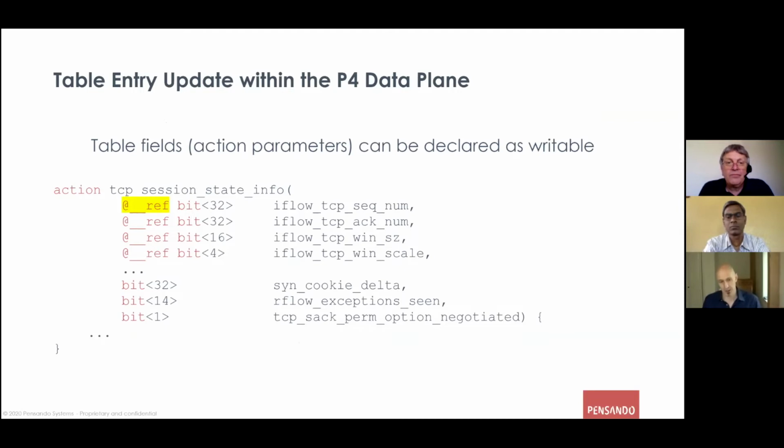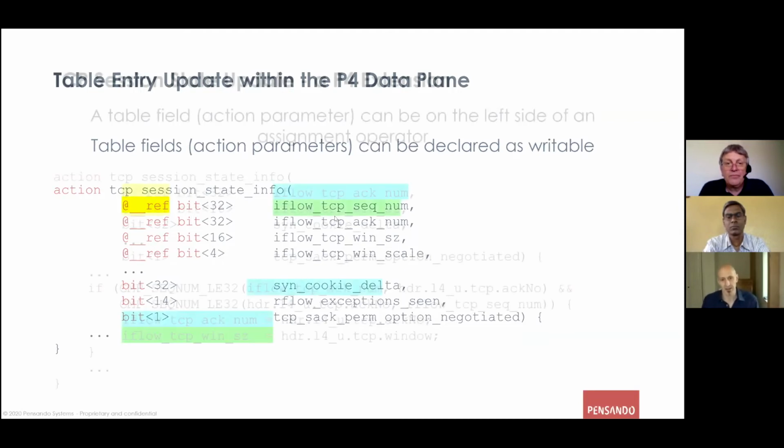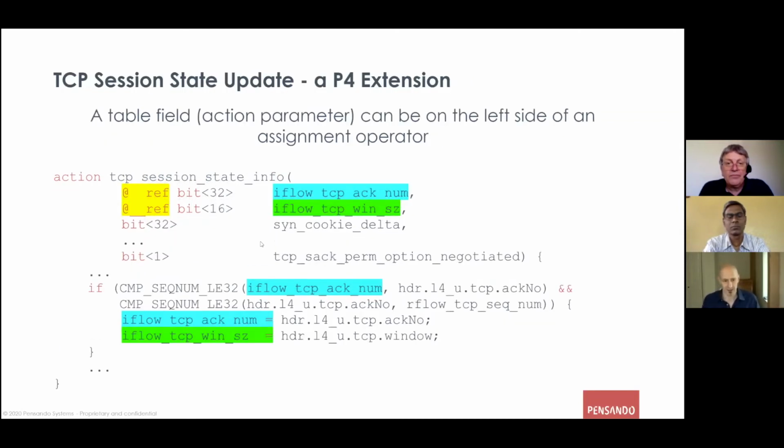And obviously, the way we use this is, now I included a little snippet of the action body. We use those parameters. This is one of the modifiable parameters, which is the acknowledgement number of the forward direction of the flow.